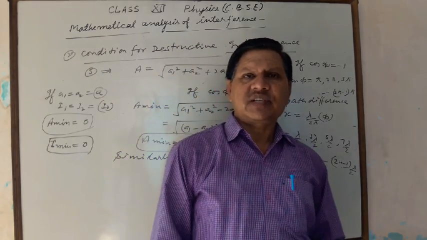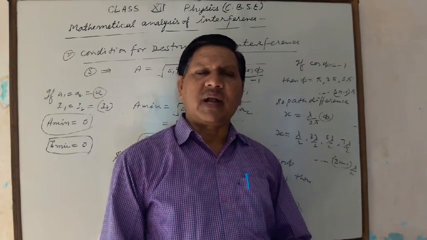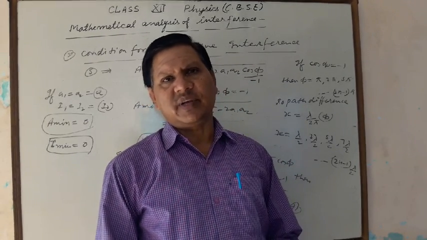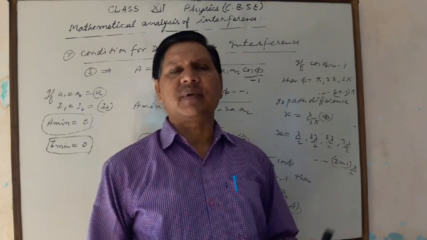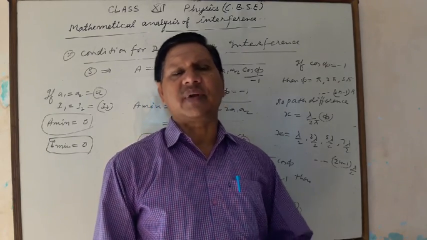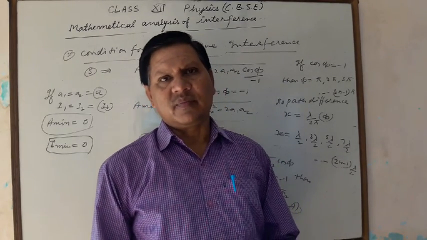And when the phase difference between two waves is either pi or an odd multiple of pi, or the path difference is lambda by 2 or an odd multiple of lambda by 2, then destructive interference is produced, and the amplitude and intensity of the resultant become minimum.